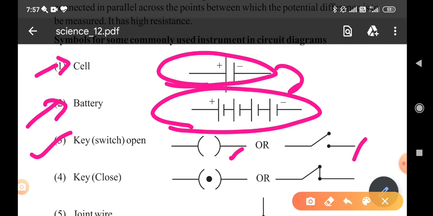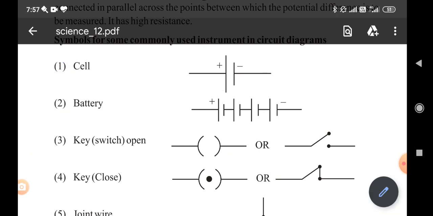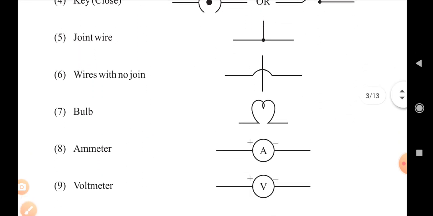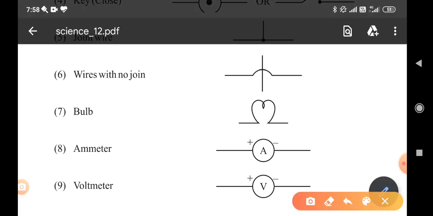Key closed means put the dot or join the end points. Joint wire is just like a T-point, and a wire with no joining is only a cross. Then bulb, ammeter and voltmeter.